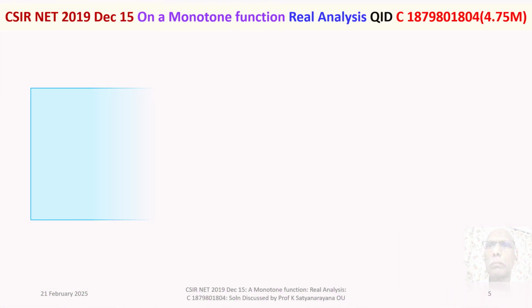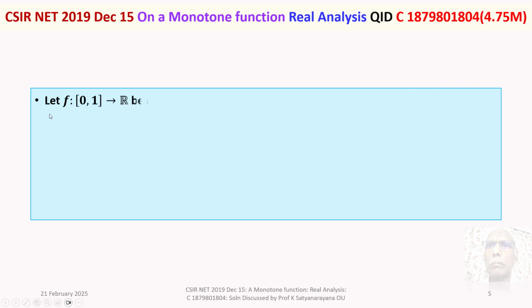Right. The given question is, let f be a function from the unit closed interval to the set of real numbers given to be a monotonic function with f of 1 by 4 multiplied by f of 3 by 4 is negative.